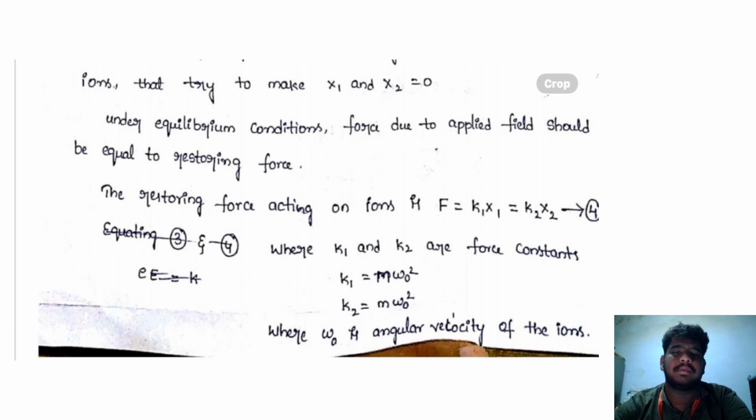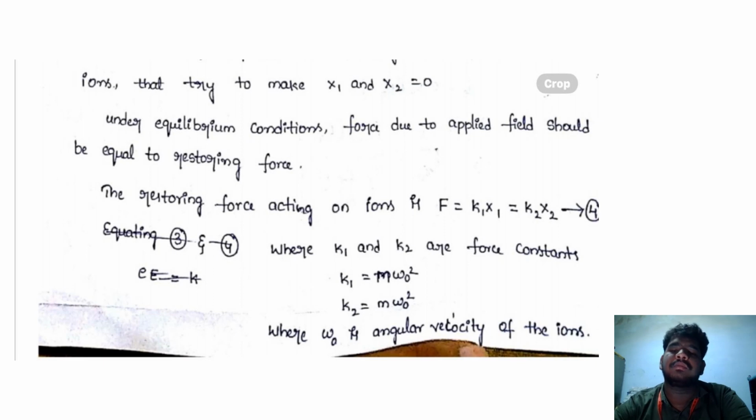Under equilibrium conditions, the force due to the applied field should be equal to the restoring force. The restoring force acting on the ions is F equal to k1 x1 equal to k2 x2. This is equation 4, where k1 and k2 are force constants.